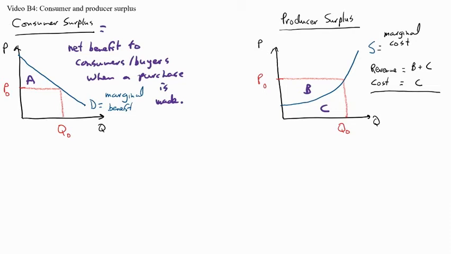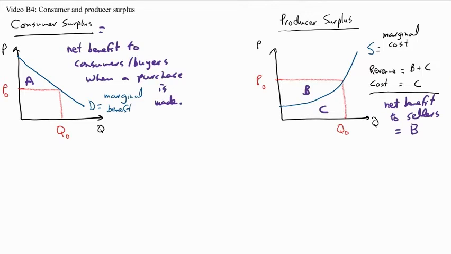So what we conclude then is that the net benefit, that is the producer surplus to sellers, equals this area B plus C minus C, or just the area B.